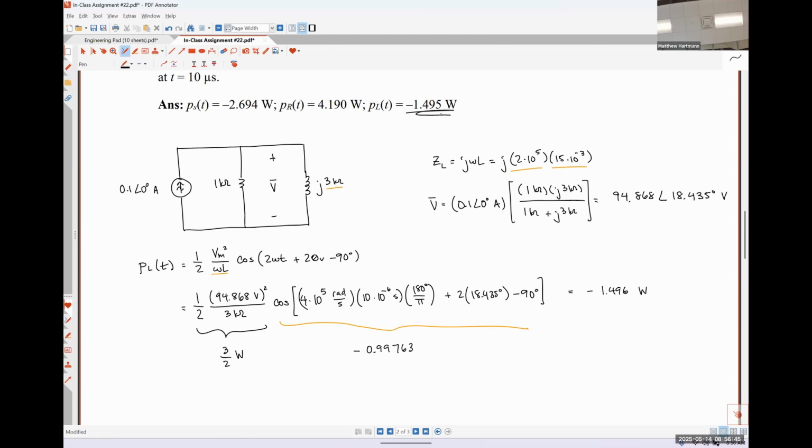And then the bigger one is omega t is always going to be an angle in radians because omega is always expressed in radians per second. So we need to convert that into degrees so that we can combine it with our phase angles, or conversely, if your calculator is in radian mode, leave omega t alone and convert your phase angle into radians so that your calculator is going to give you the right answer.